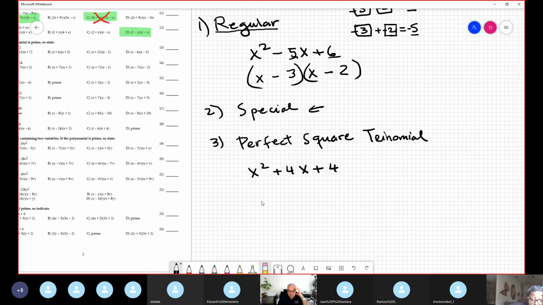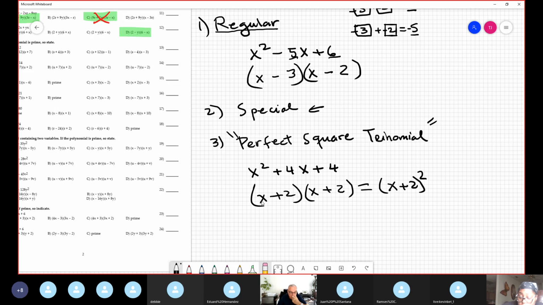I suppose it's regular, because the professor explained that when this coefficient is 1 it's regular. So I open the parentheses. This is x, and the combination is 2 and 2 because 2 times 2 is 4 and 2 plus 2 is 4, and the sign is plus. It's a perfect square because in this special case the factors are twin brothers, and we can condense it like that: x plus 2 squared.